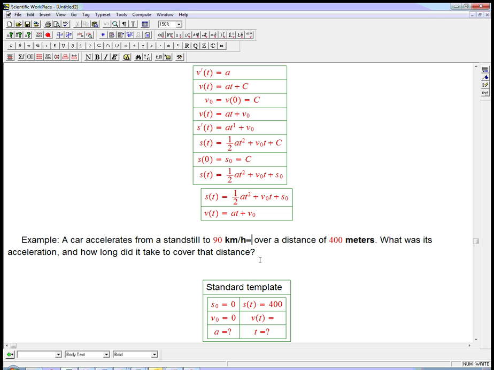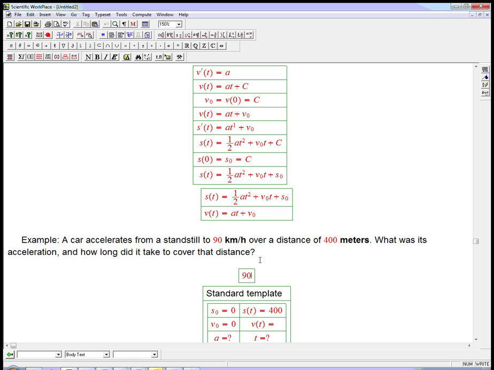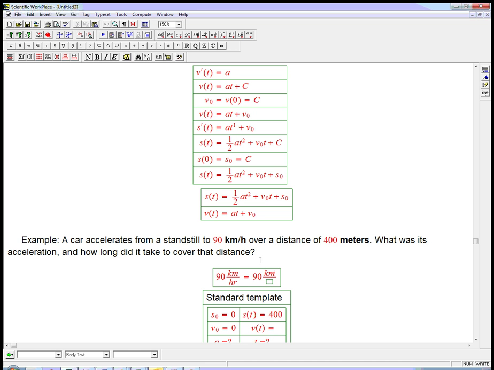Okay, so let's just do it a little displayed here. 90 kilometers per hour is 90 kilometers per hour times, we're just going to multiply it by 1 repeatedly, 1,000 meters per kilometer, but also 1 hour is 3,600 seconds.